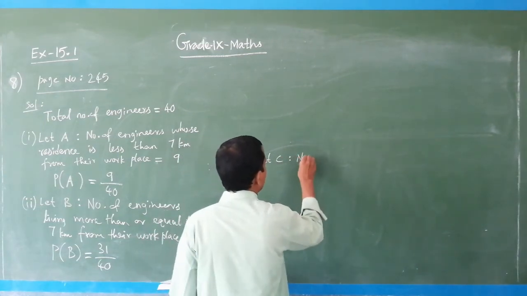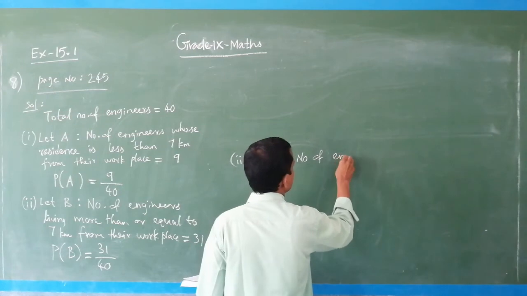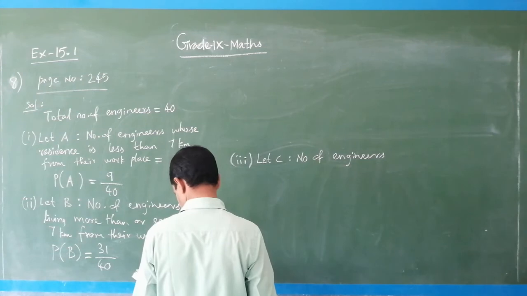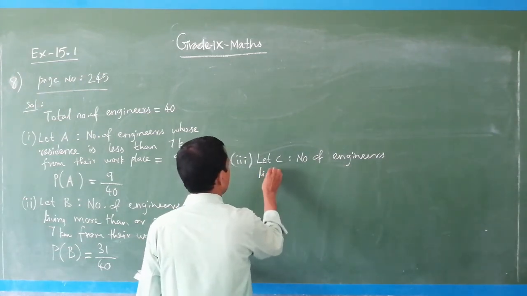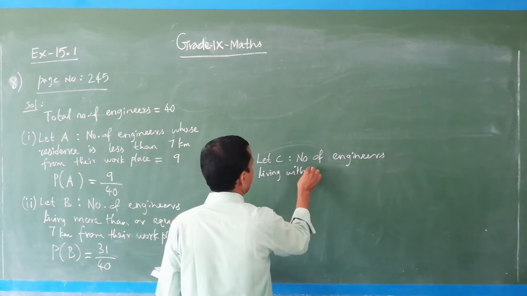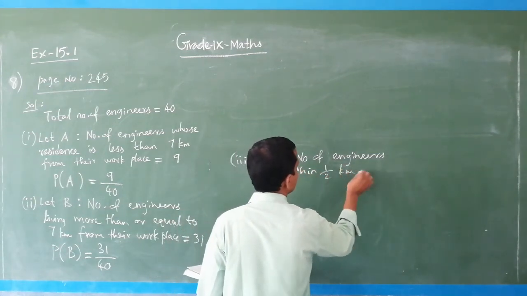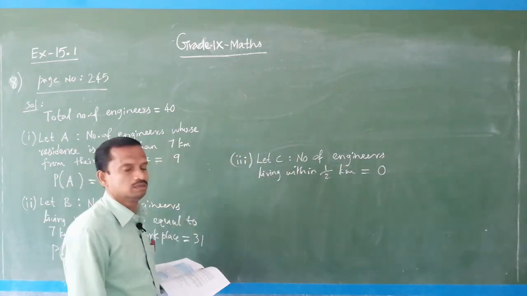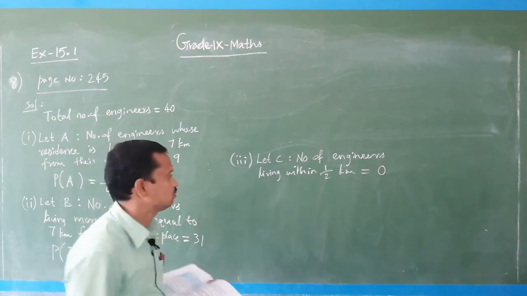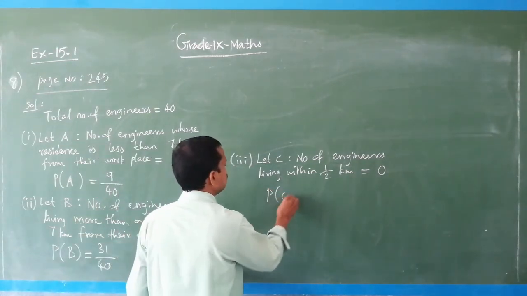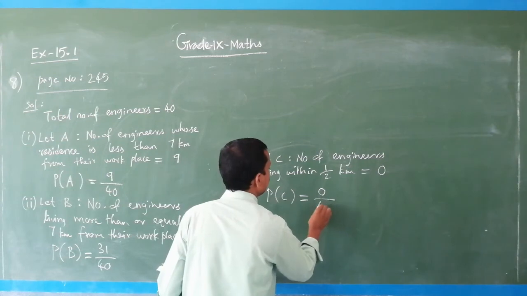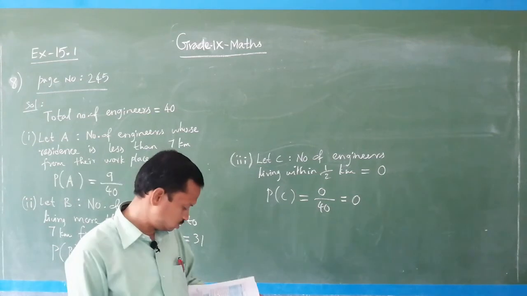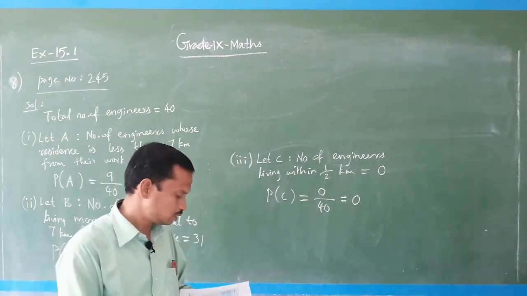Let C be the event that the number of engineers living within half kilometer is equal to 0. Nobody is living within the half kilometer distance from their workplace. So the probability is 0 by 40, that is nothing but 0 only. This is the way you have to answer.